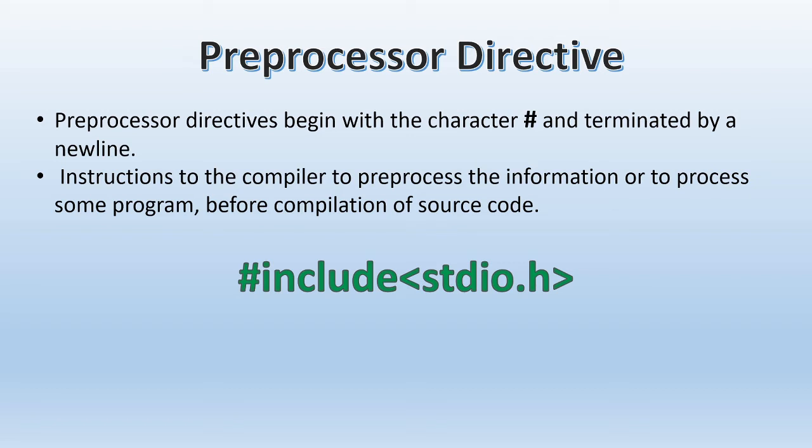In order to have input-output facility in the form of printf and scanf functions, we need a standard library. That standard library is stdio.h, standard input output dot h, and it is included in your program with the help of the hash include preprocessor directive.